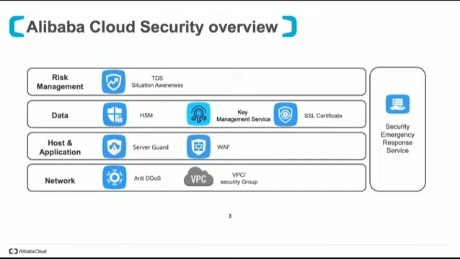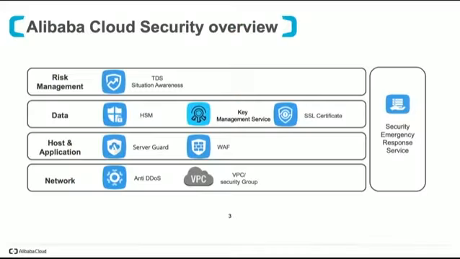And then on the very top, it's a part of the risk management solution. Currently we have one service available. It's called Threat Detection Service, also known as Situation Awareness. We will also have an overview on this one as well. Other than what's listed here, Alibaba also has other security services which will be released in the next few months, so please keep an eye on this.